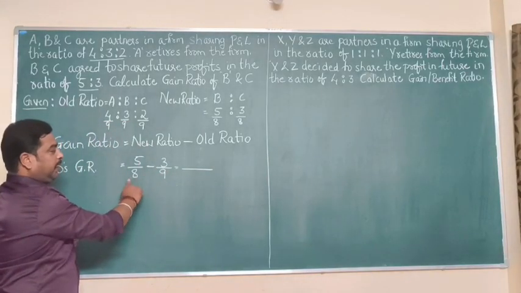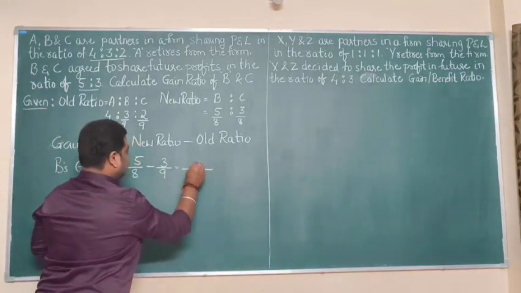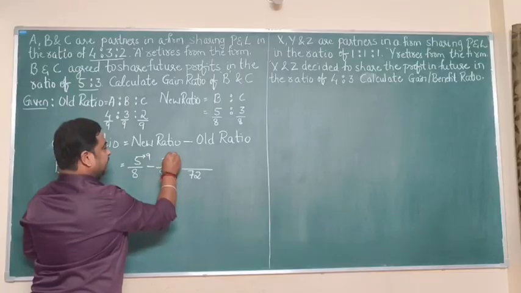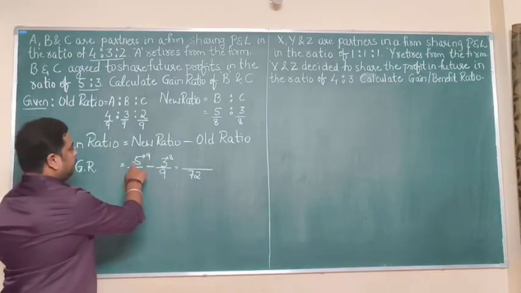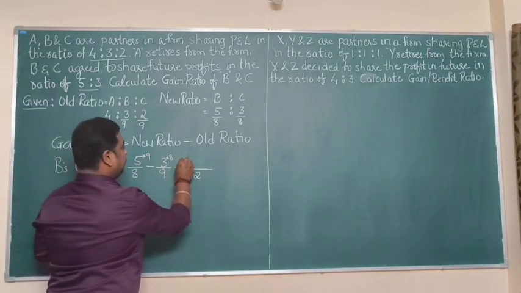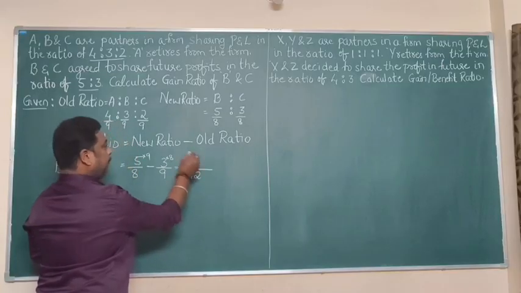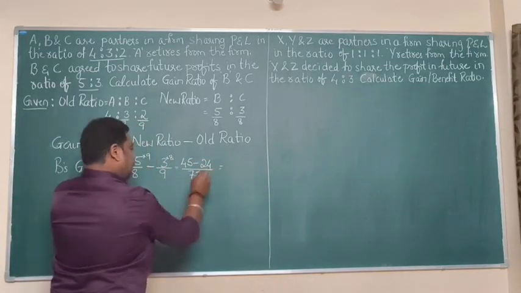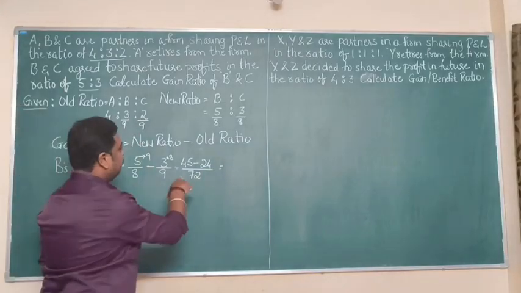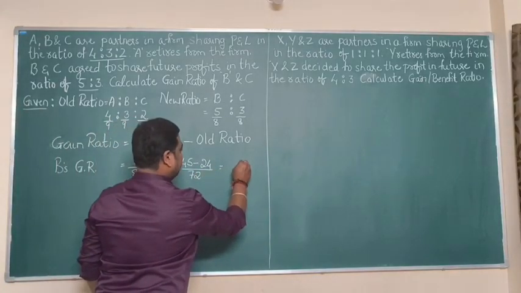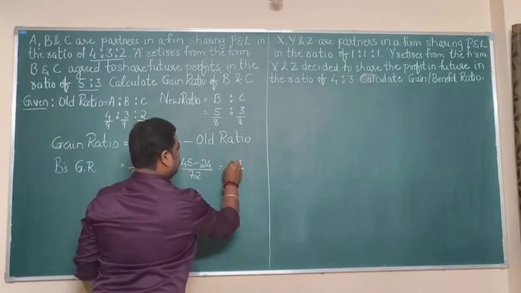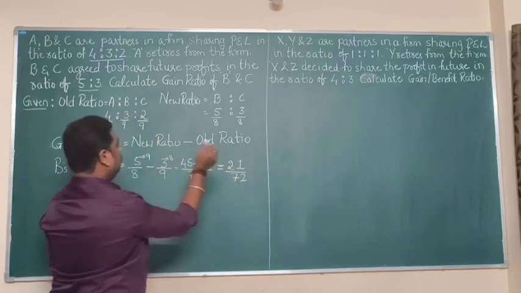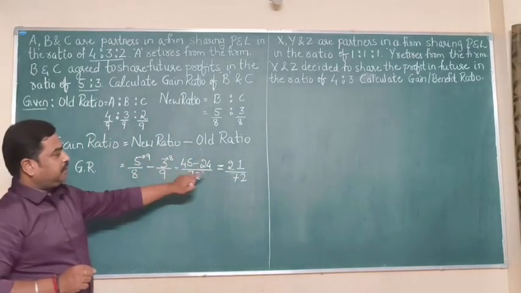Just multiply these two. 8 9s are 72. 9 8s are 72. 5 into 9, 45, minus 3 8s are 24. So 45 minus 24, 5 minus 4 is 1, 4 minus 2 is 2. It is 21 divided by 72.